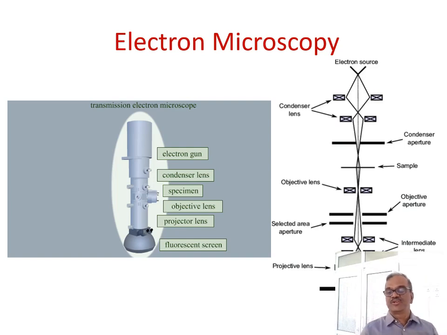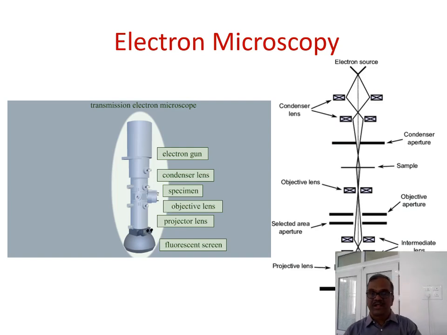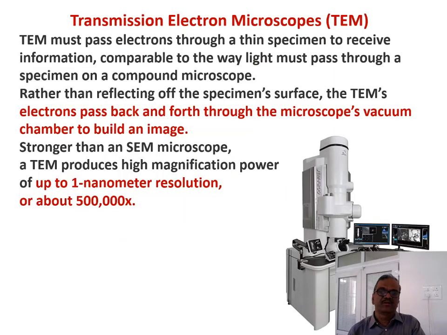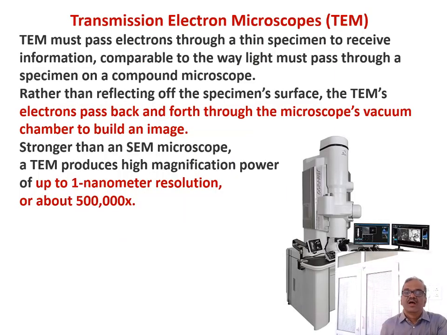Then there is the objective lens, and with the help of the objective aperture, the intermediate lens and the projective lens make the image appear on the fluorescent screen. So this is the main part of electron microscopy. Instead of light, we are using electrons, so it gives high resolution as well as magnification.